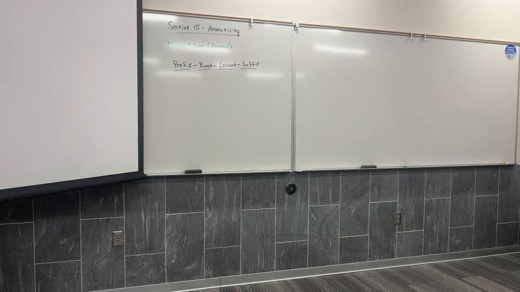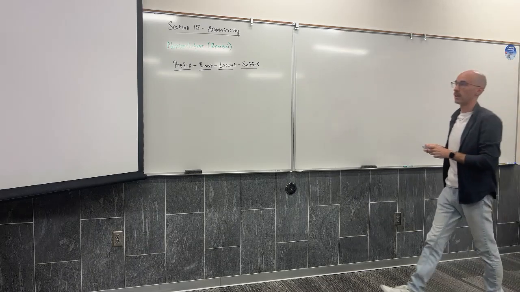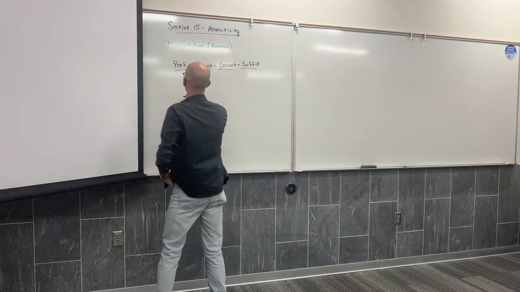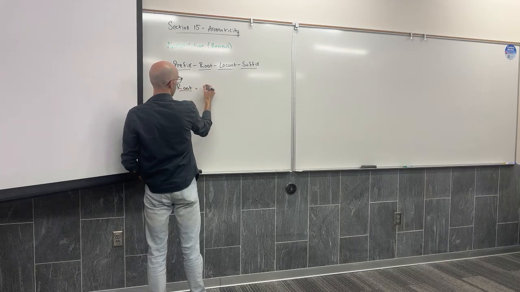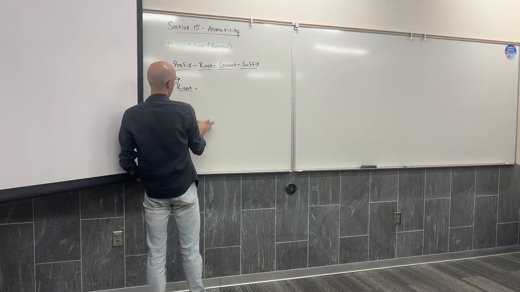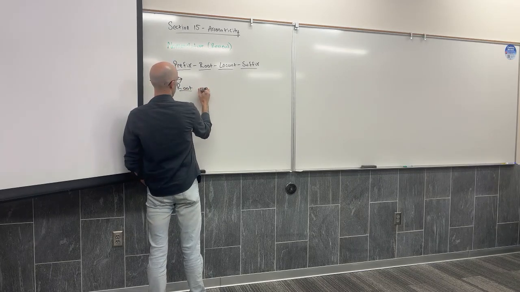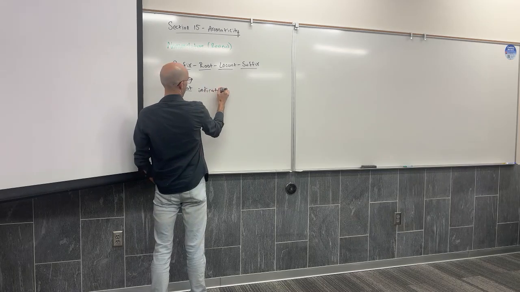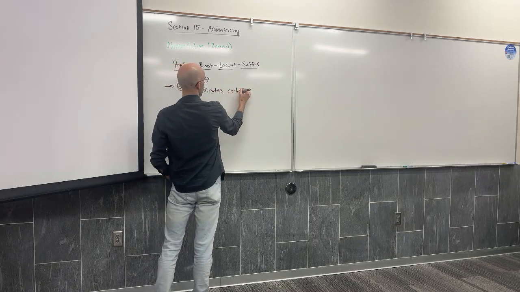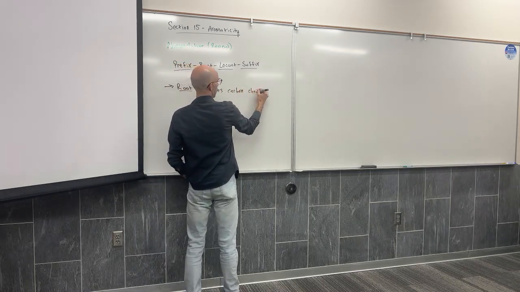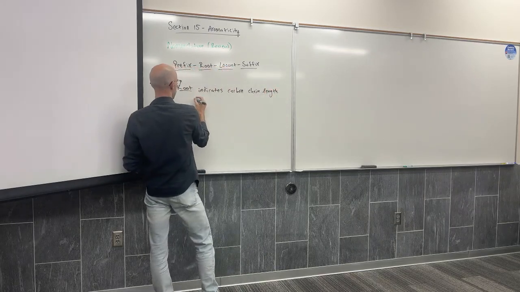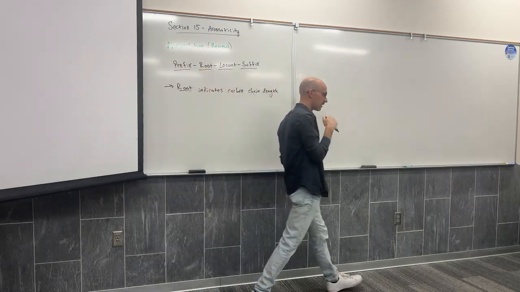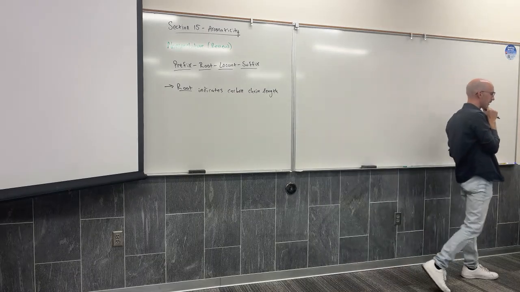So let's start with our roots, because this is ideally the first thing that we identify. The root indicates the number of carbons in the longest chain. It indicates your carbon chain length.